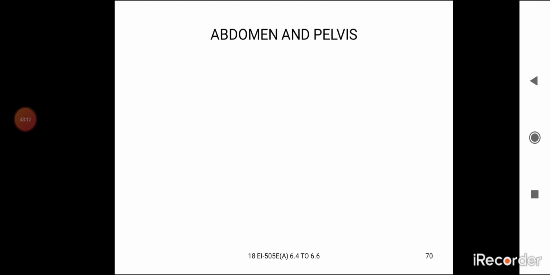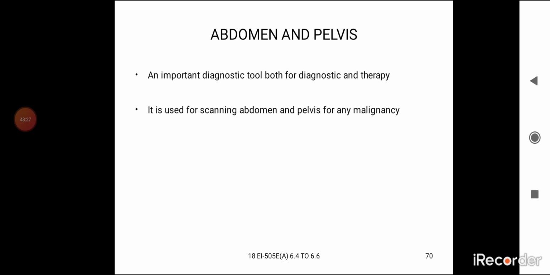Abdomen and pelvis. An important diagnostic tool both for diagnosis and therapy. It is used for scanning the abdomen and pelvis for any malignancy.